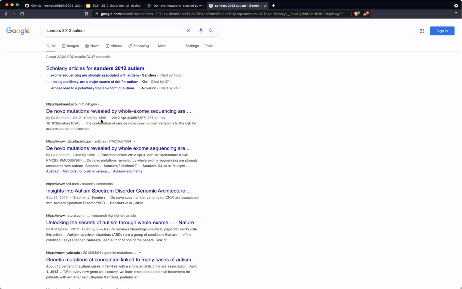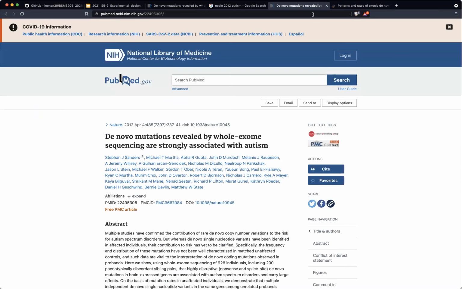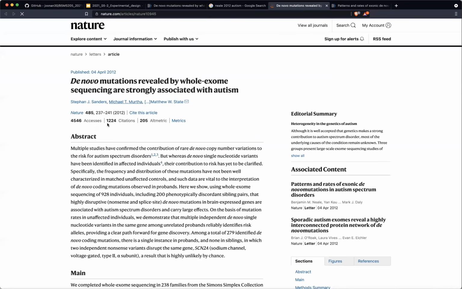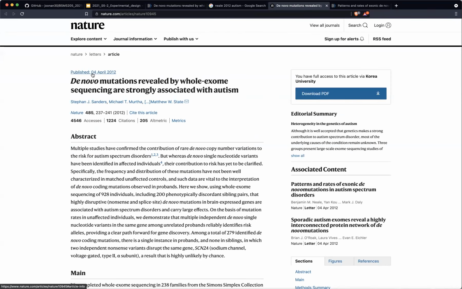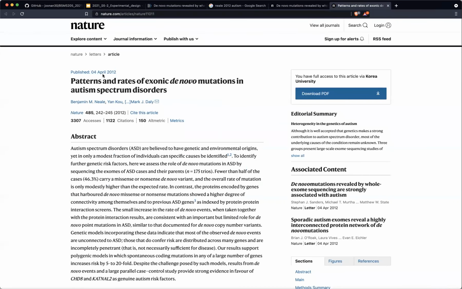It's cited about 2,000 times. And this is just one example, but not the only paper coming on the same day in the same Nature issue. So this is from Nature on April 4th, and at the same time, this is another paper on the same day, April 4th.